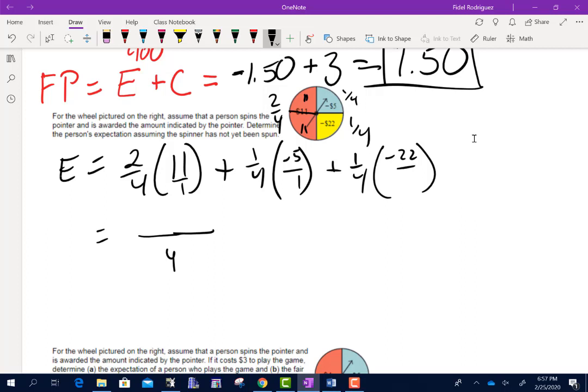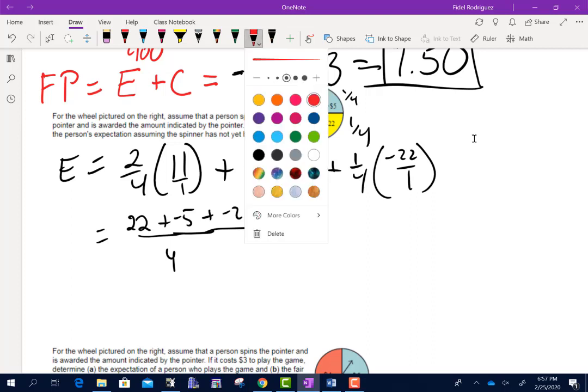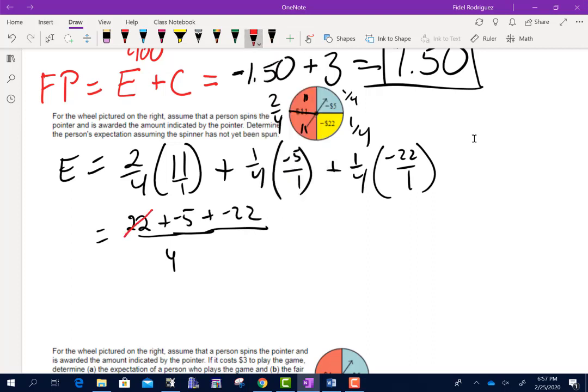So that's 22 plus -5 plus -22. So it looks like this 22 and that -22 will cancel each other out. That leaves me with a -5/4, which should be a -$1.25.